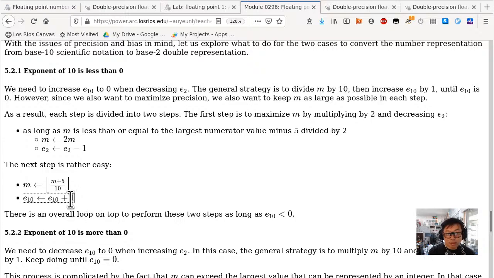Now, after you do this, if E10 is a 0, hey, you're all done. Cool. On the other hand, if E10 is still negative, then you have to go for another iteration by maximizing m first, and every time you double m, you have to decrement E2 by 1, and after you can no longer double m, then you go back to this step here and use the rounded method to divide the mantissa by 10, increment E10 by 1, and then check again to see if E10 is now a 0.